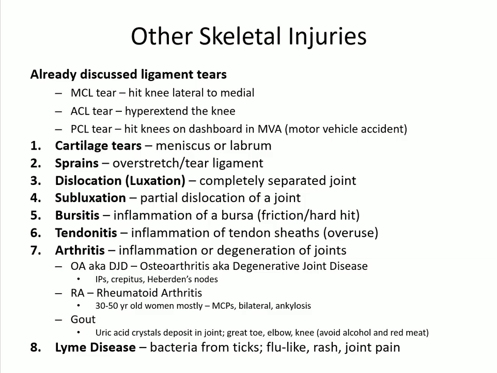With gout, folks have to change their lifestyle, or the pain will be worse from alcohol and red meat consumption. You don't want to deposit any more uric acid crystals than you already have in the joints, and consuming alcohol and red meat can make that a whole lot worse. So folks with gout have to do a big lifestyle change so that the joints don't literally get eaten away.